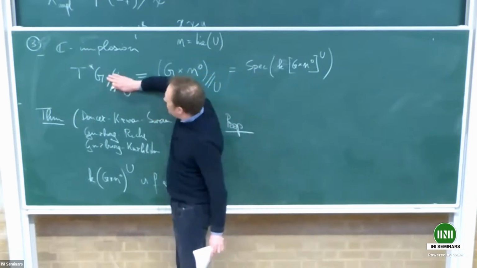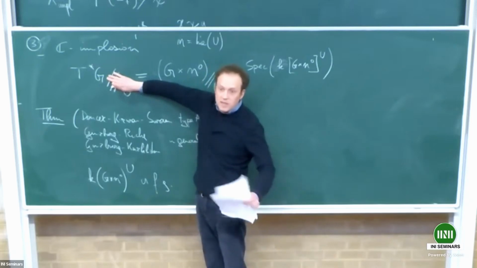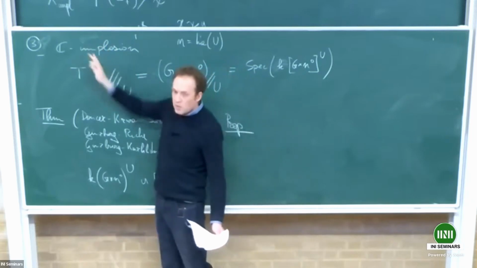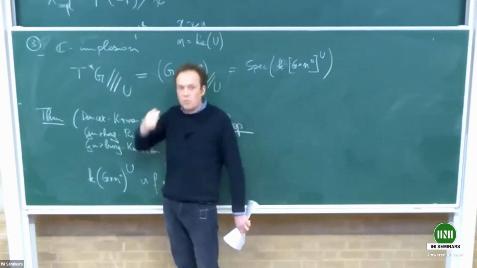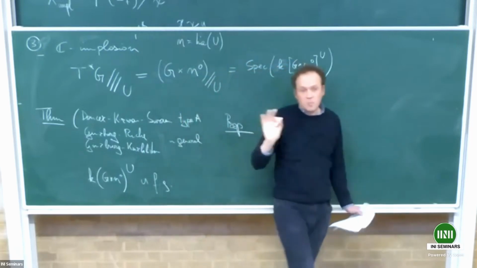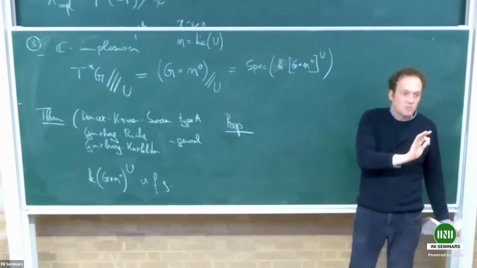This space right here has two copies of G acting on it, one by multiplication on the left and the other on the right. When we take our implosion, we're essentially using one of these. And as we said already in the real symplectic case, implosion swaps a G action for an action of the maximal torus.